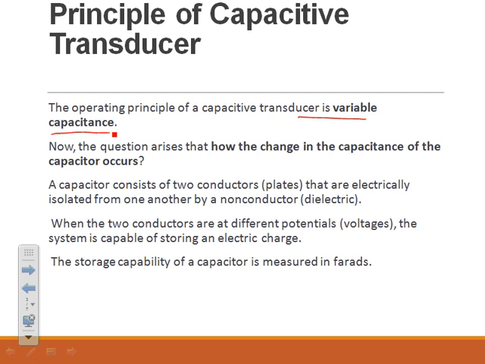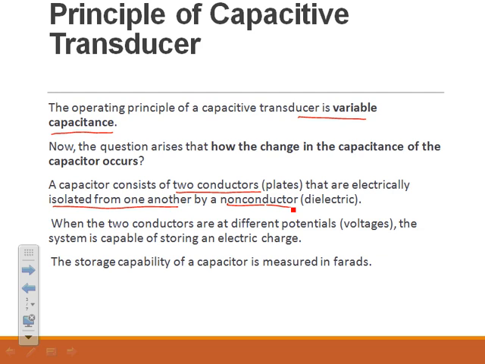Before going to the answer, let's see what a capacitor is. A capacitor consists of two conductors or plates that are electrically isolated from one another by a non-conductor, called a dielectric.